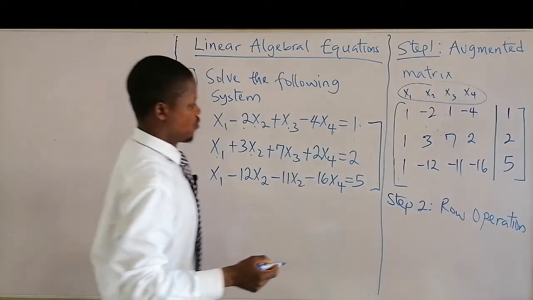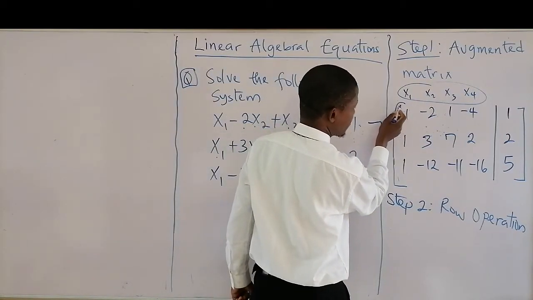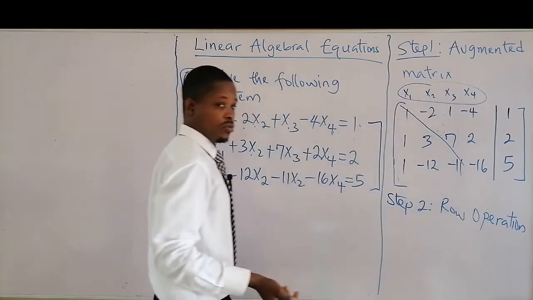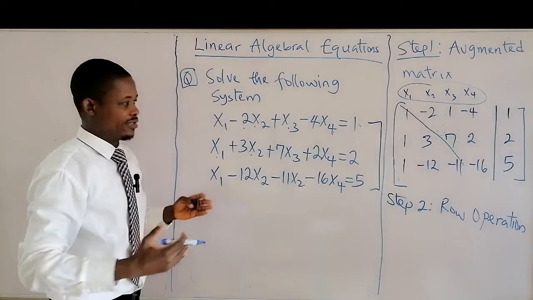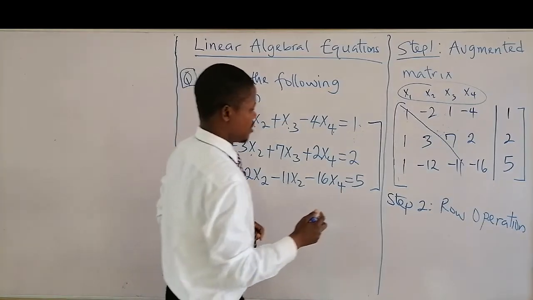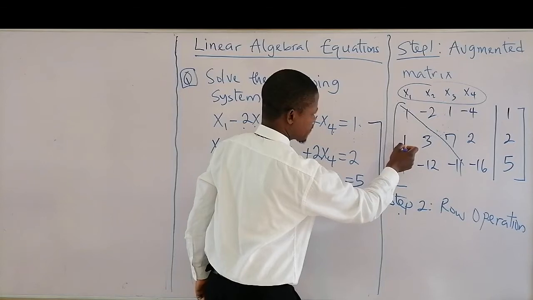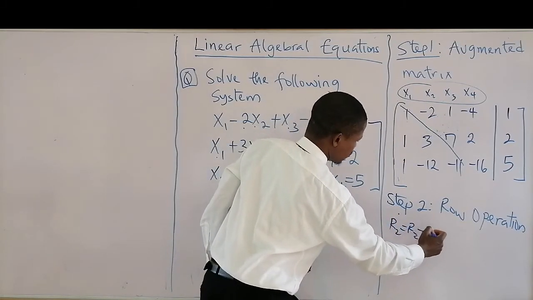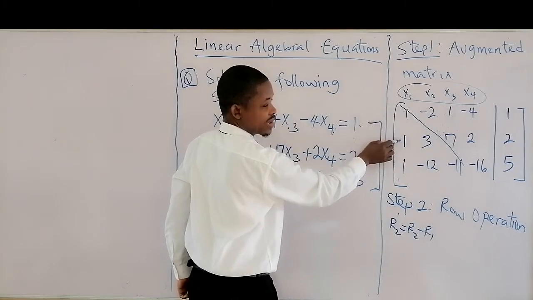Our main target is to see if we can have the main diagonal be 1, if possible. But it's not all the time you can have your main diagonal be 1. So step 2, row operation: row 2 is equal to row 2 minus row 1, because 1 minus 1, I'll get 0 here.